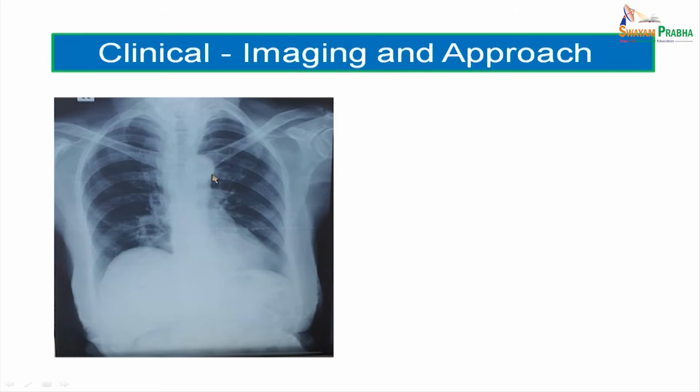This is the distal portion of the arch of aorta, which is seen adjacent to the sternal angle. The place where the arch ends is seen as this white shadow region, and this region is referred to as the aortic knuckle or the aortic knob.